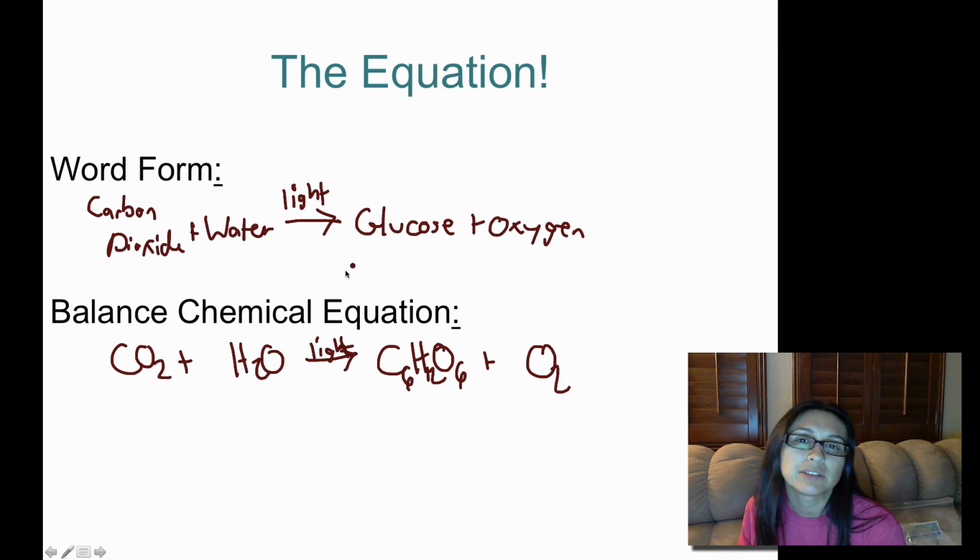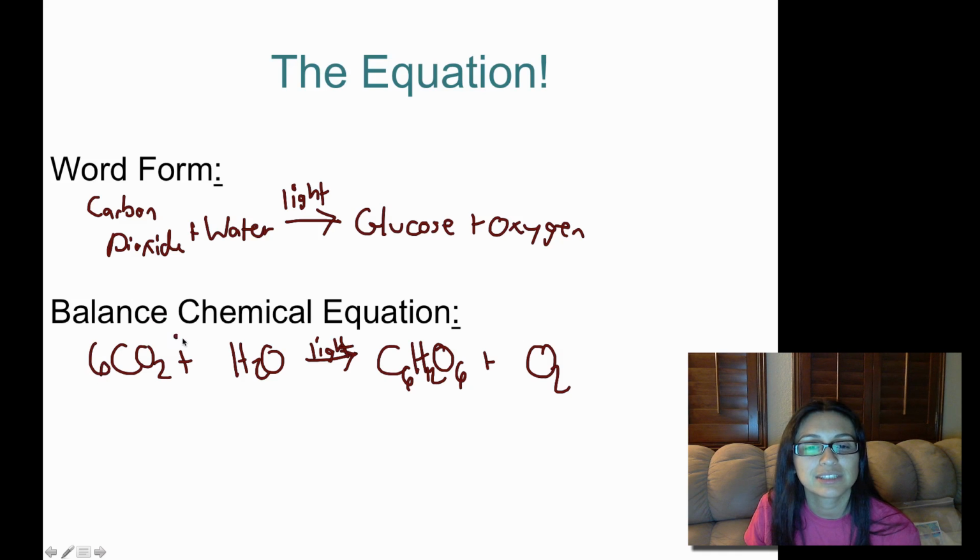Now this isn't a balanced equation, so we've got to balance it out. So remember our magic number is 6, so this should look very familiar to you. This should look like cellular respiration, but reversed. Okay, so we put 6 CO2, 6 H2O. These are going to get torn apart or rearranged into glucose and 6 oxygen molecules. So that is our balanced chemical equation for photosynthesis.